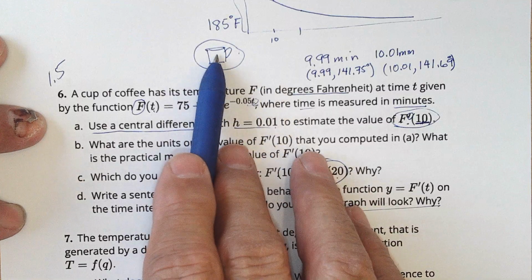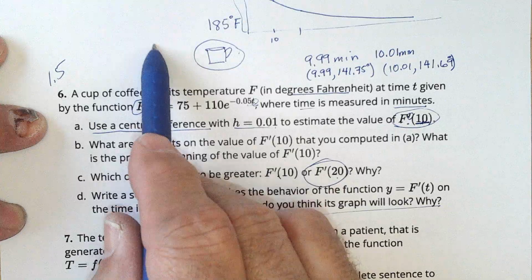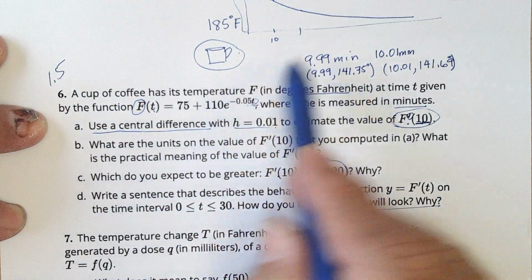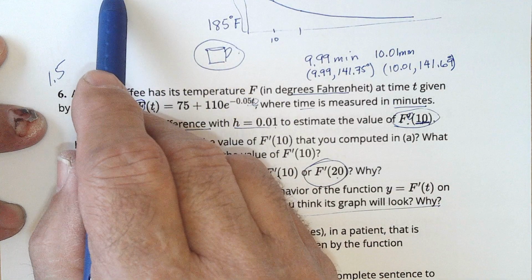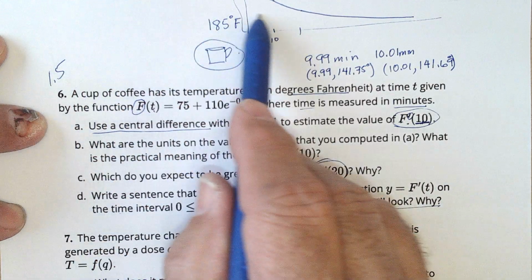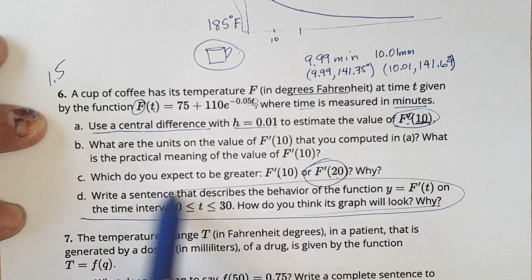If I put a cup of coffee out in a really cold day, it's going to drop faster at the beginning and then go even colder than it does on a hot sunny day. Then the temperature won't drop as fast. So that's kind of what they wanted you to understand there.